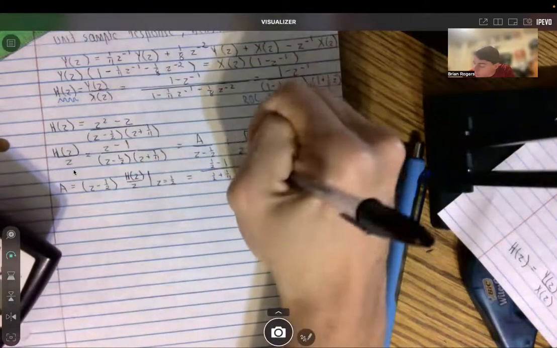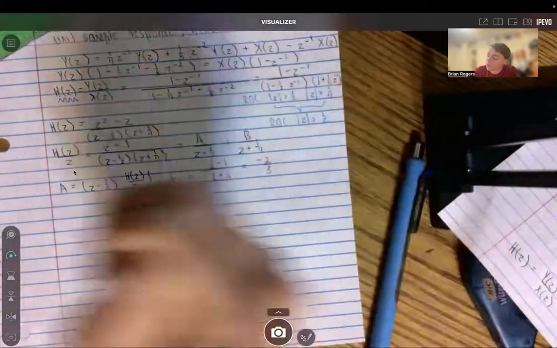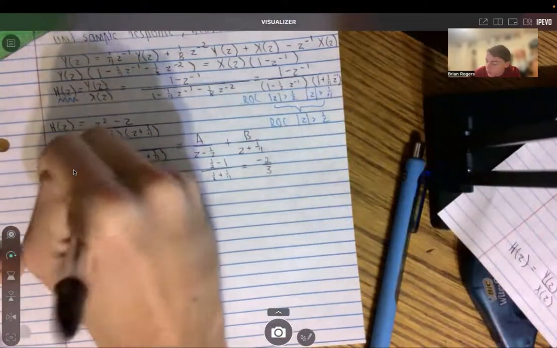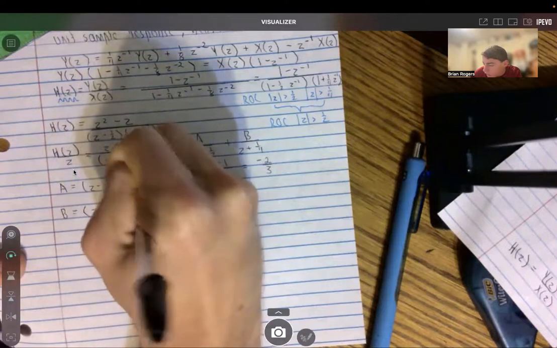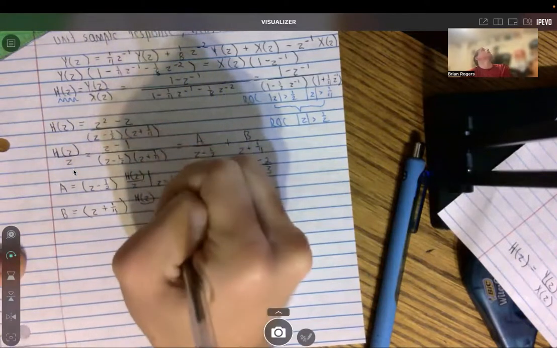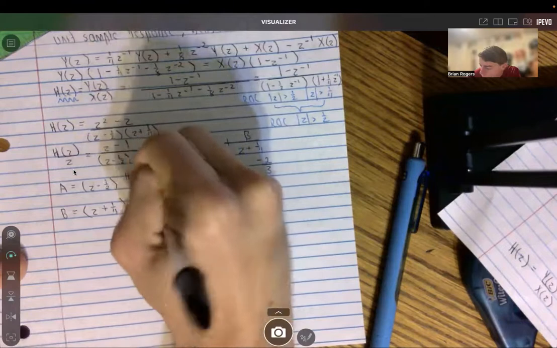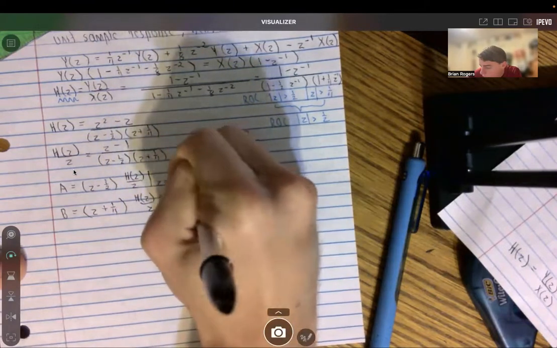you're going to get −2/3. Okay, and then when you solve for your B, you're going to do (z + 1/4) times H(z) all over z, for z equal to −1/4.